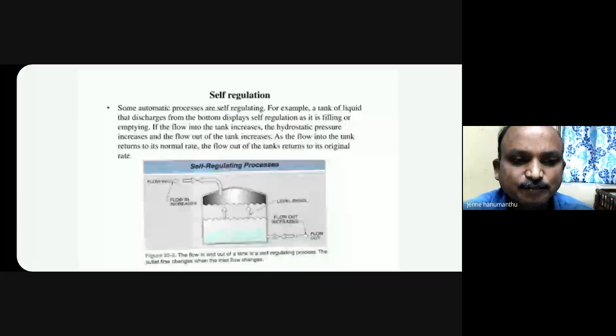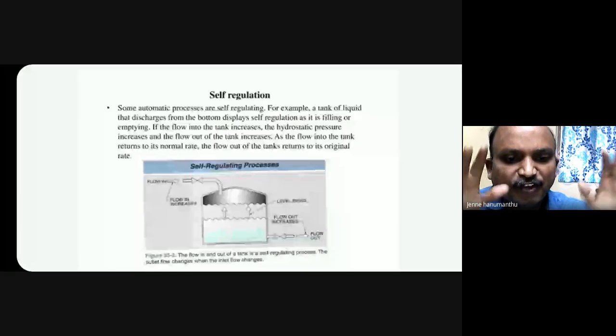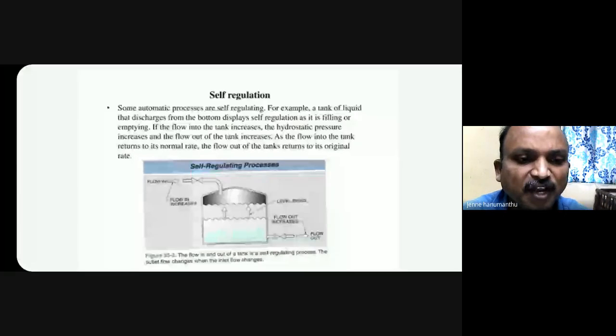నేనేమంటున్నానంటే, you fix the input flow rate and output flow rate. Initially you can observe water level changes inside the tank, but after some time you cannot observe change of water level in the tank.